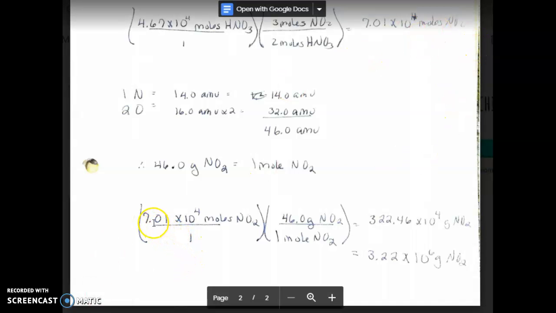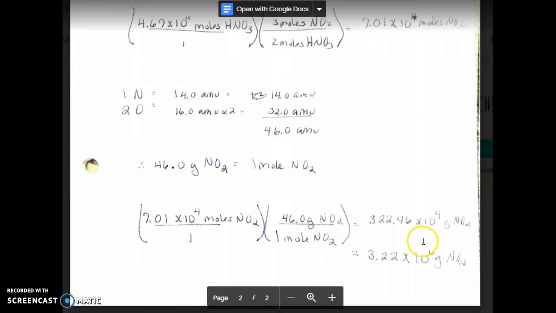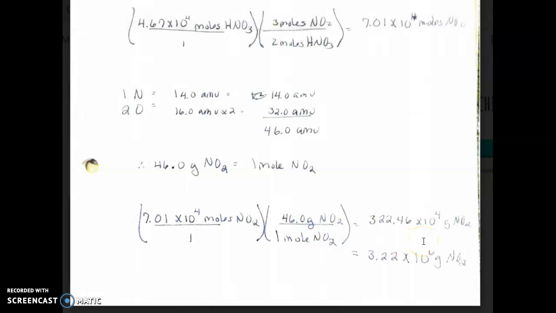We put 7.01 times 10 to the 4 moles of NO2 and multiply by 46.0 grams of NO2 over 1 mole of NO2, so that the moles cancel and our answer will be in grams of NO2.